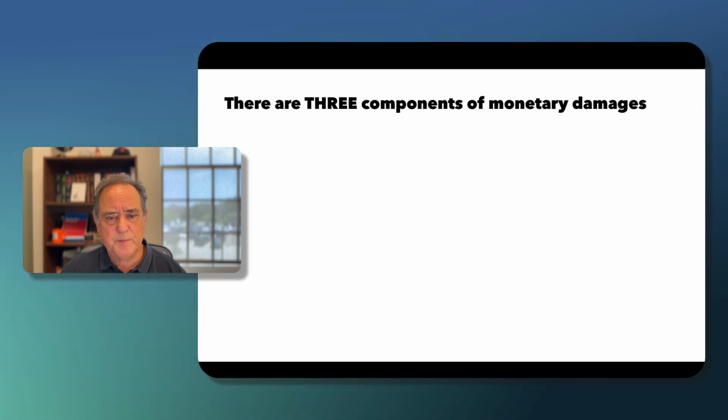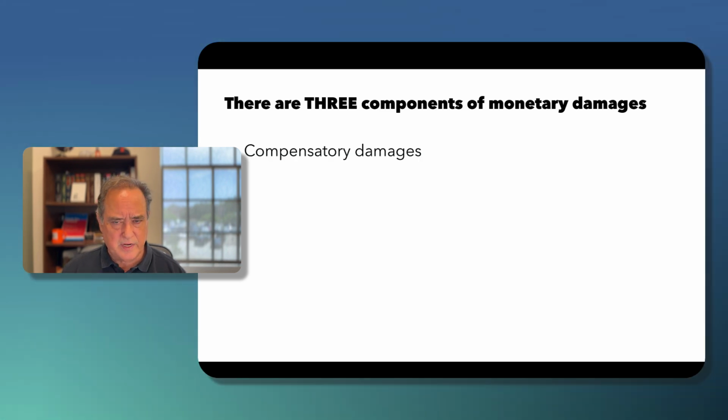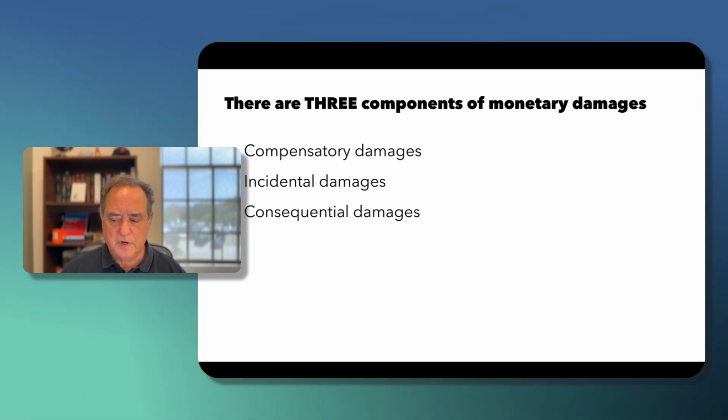And those three components are compensatory damages, incidental damages, and consequential damages. Now, we're going to talk about all of these in more detail, but these three together constitute the monetary damage award. Compensatory damages plus incidental damages plus consequential damages.